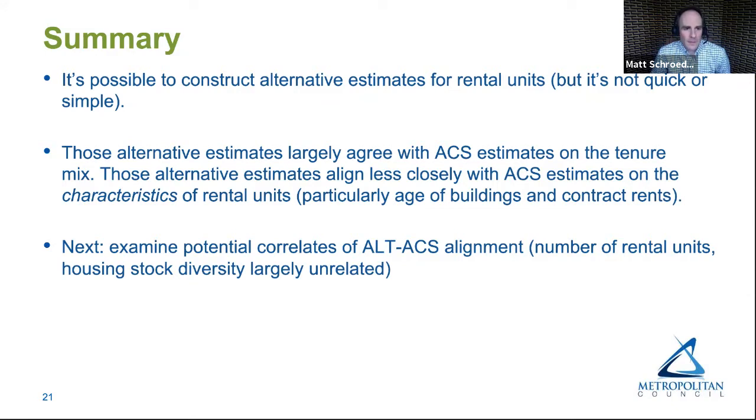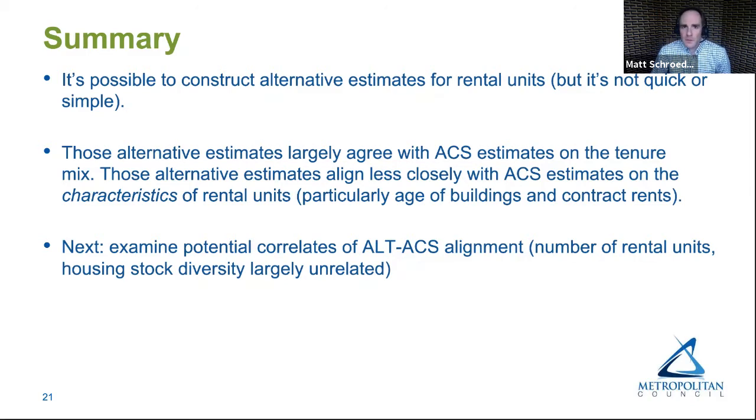And then second, those alternative estimates do, again, largely agree with ACS estimates on the tenure breakdown, but in the characteristics of rental units, not so much, especially the share of units built before 1950 and median contract rents.